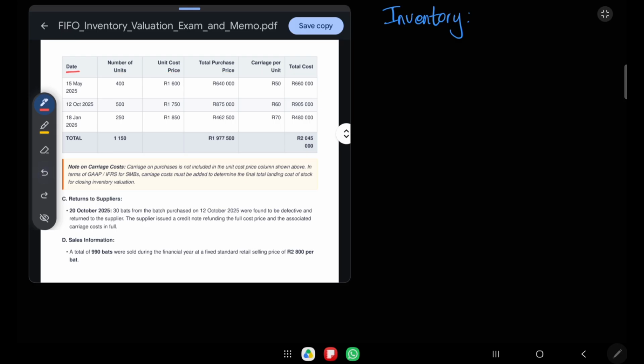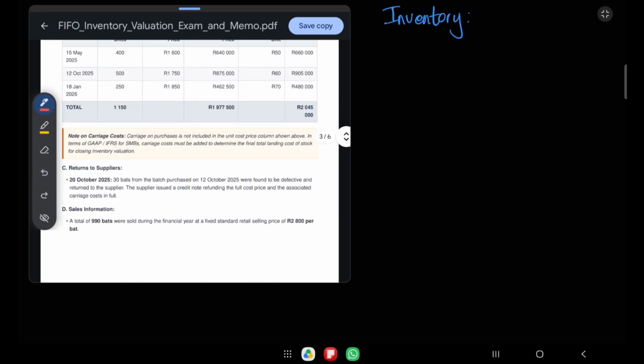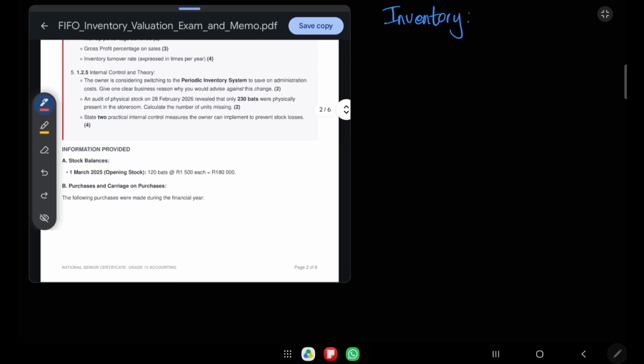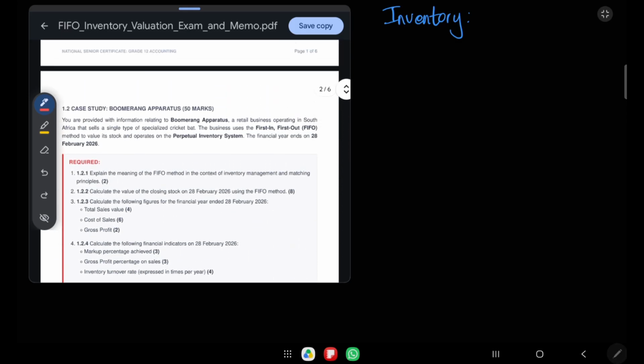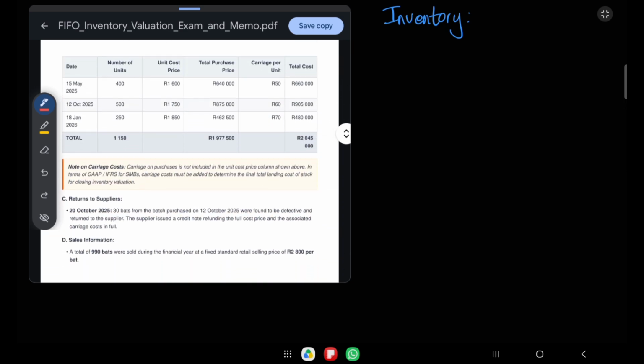So let's try to make a few calculations. On the 15th of May 2025, we bought 400 cricket bats. So we had 400 units and the unit cost price is 1,600.